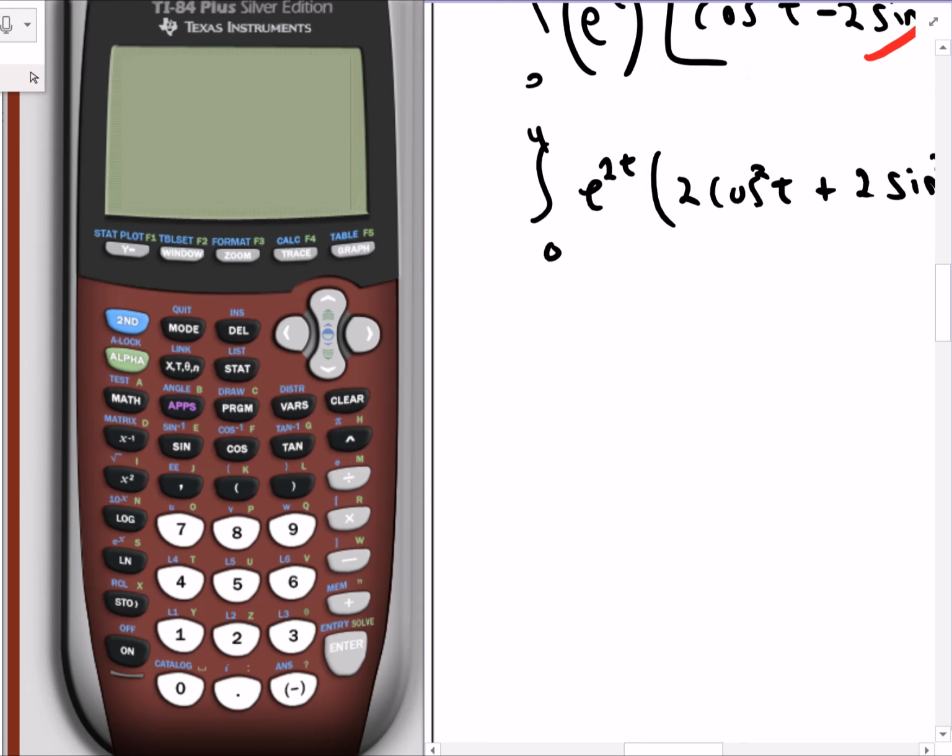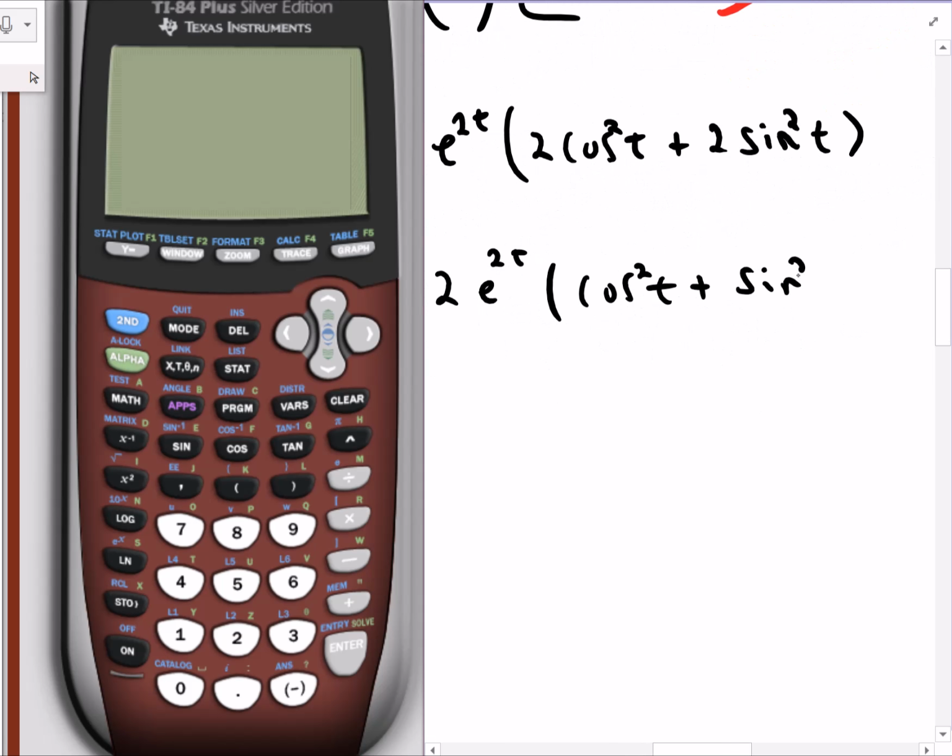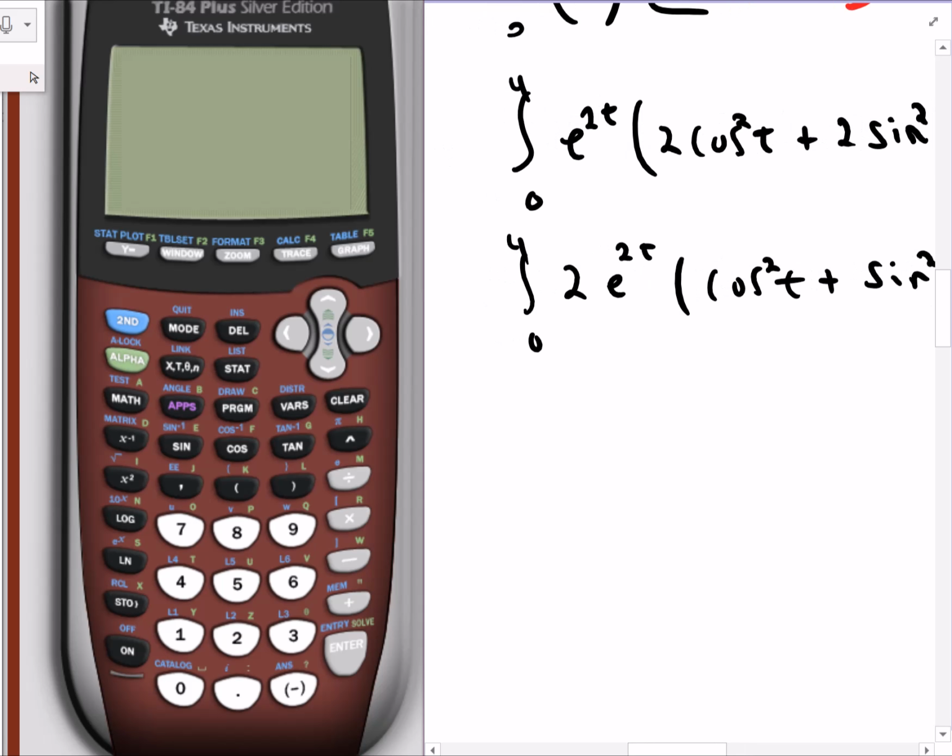And then you can factor out the 2. So it's going to be the integral from 0 to 4 of 2 e to the 2t, and you're left with cosine squared t plus sine squared t. And then that cosine squared plus sine squared just turns into 1. So we're left with the integral from 0 to 4 of 2 e to the 2t.